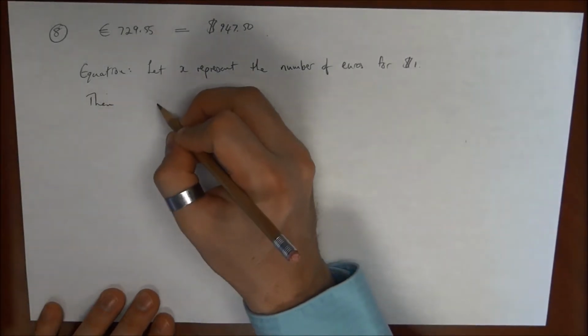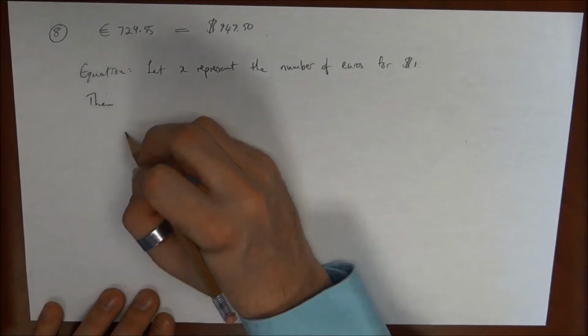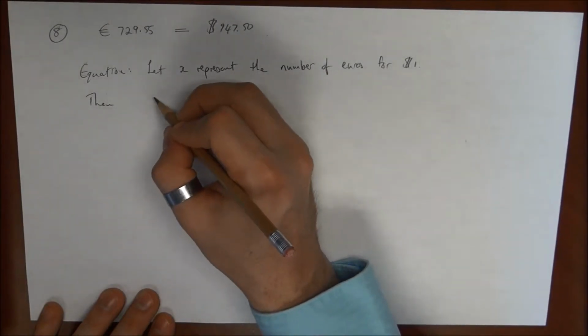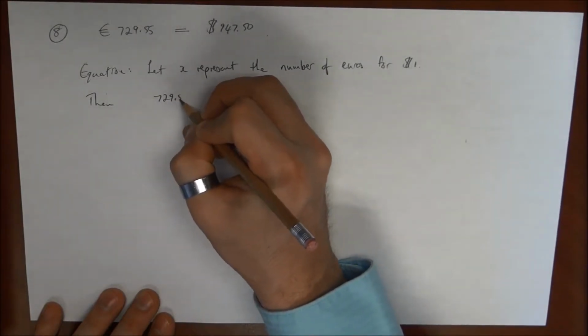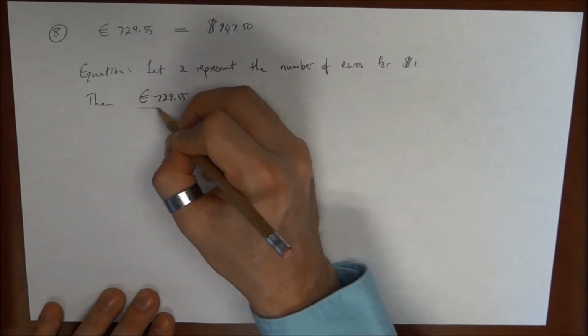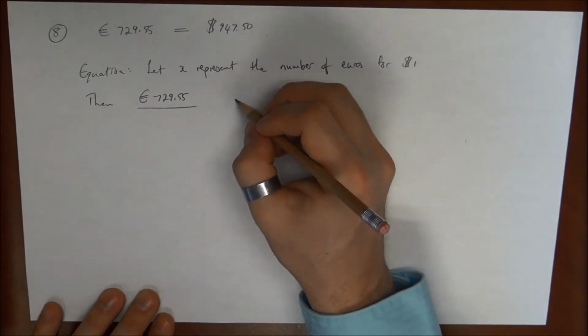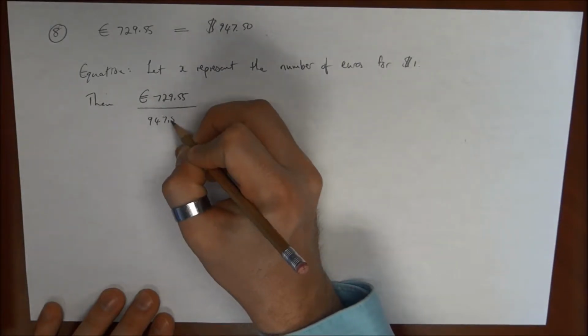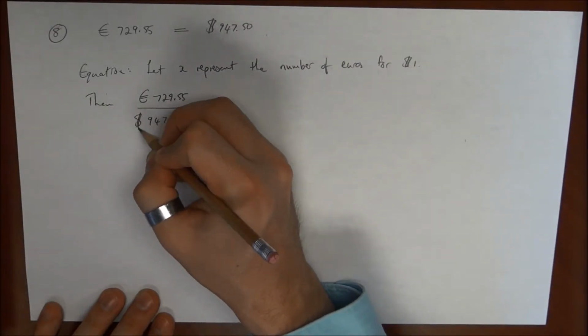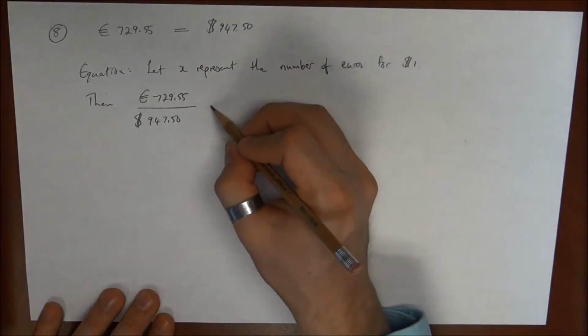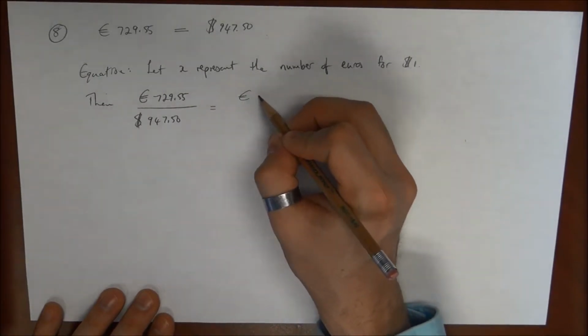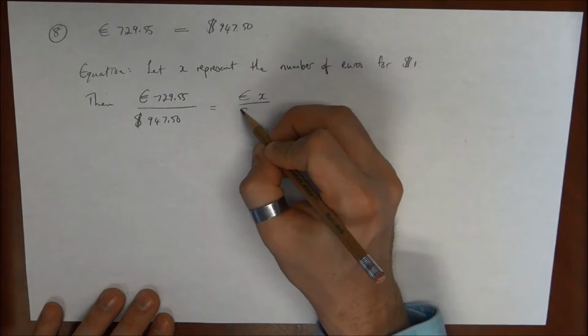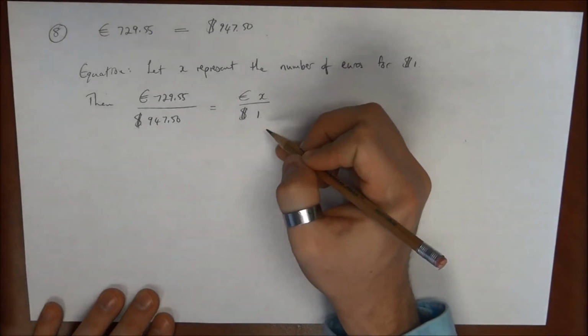Then €729.55 corresponds to $947.50. That equals x euros for $1.